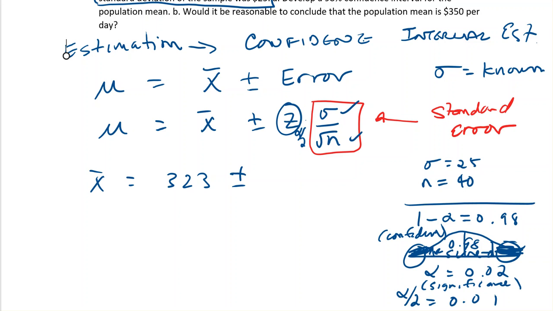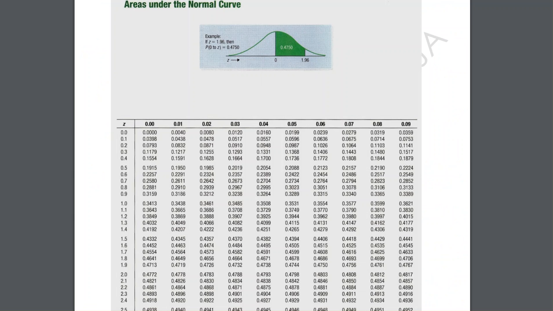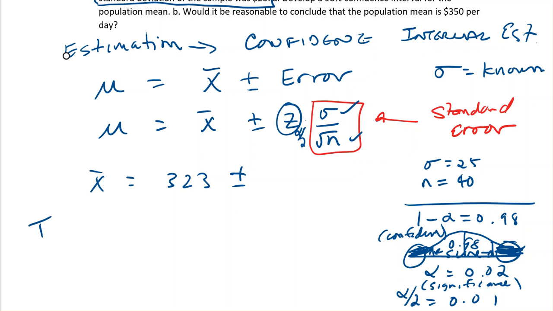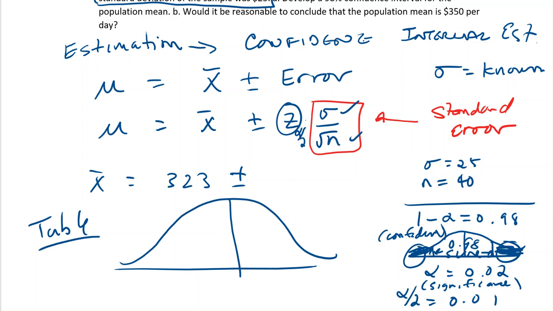To do that, we either use Excel or we use our table. If we use our table, we do it differently than we do with Excel. Since I'm looking for a 1% significance, I need to find 49%, or 0.49, because the table in your textbook gives you this area here.